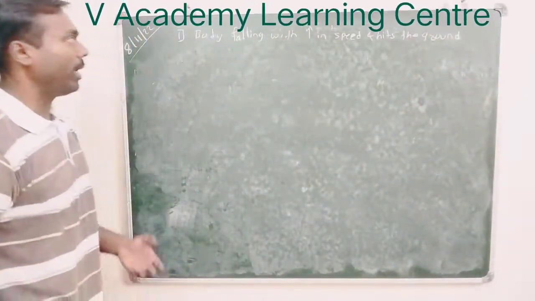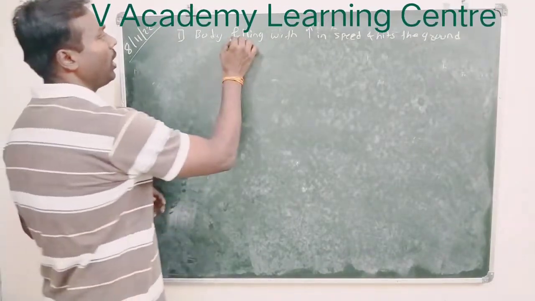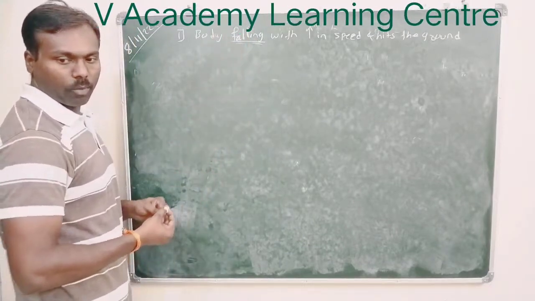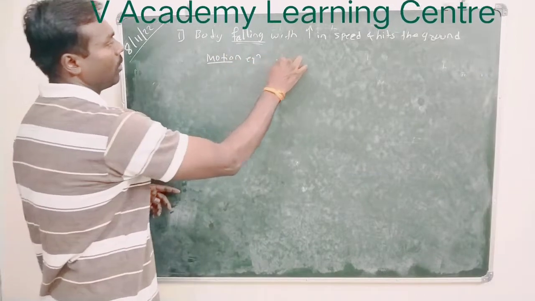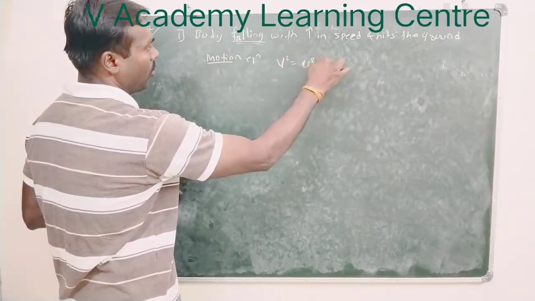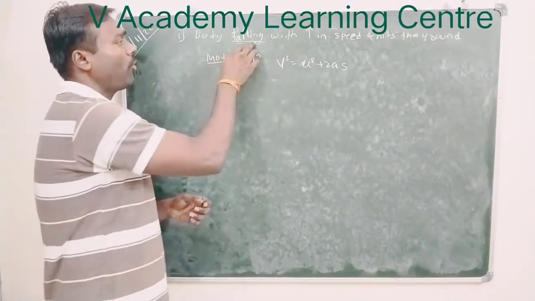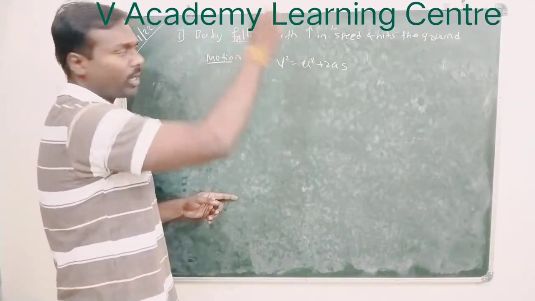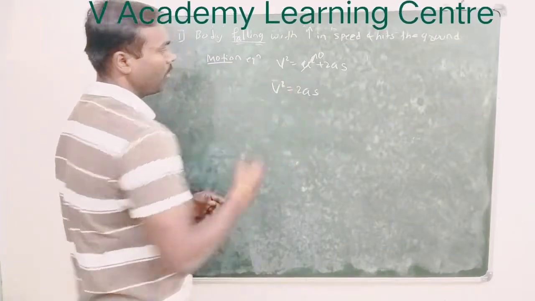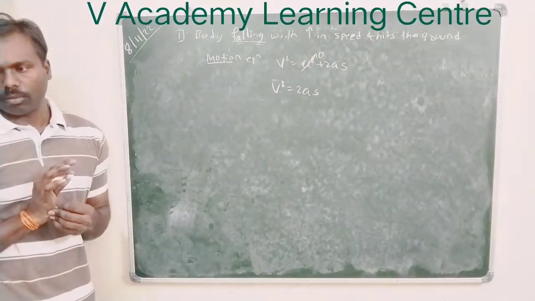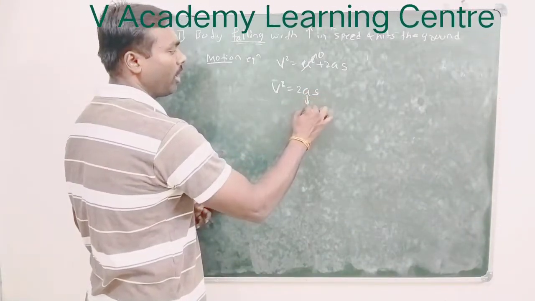For this case, we have to analyze. A body falling from some particular height. So we take the same motion equation: v square equals u square plus 2as. When the body falls from a particular height, the initial velocity is 0. So v square is equal to 2a s, and when falling, a becomes g.